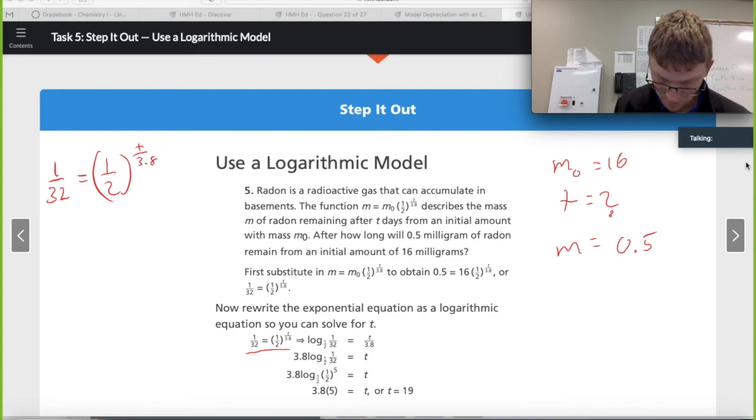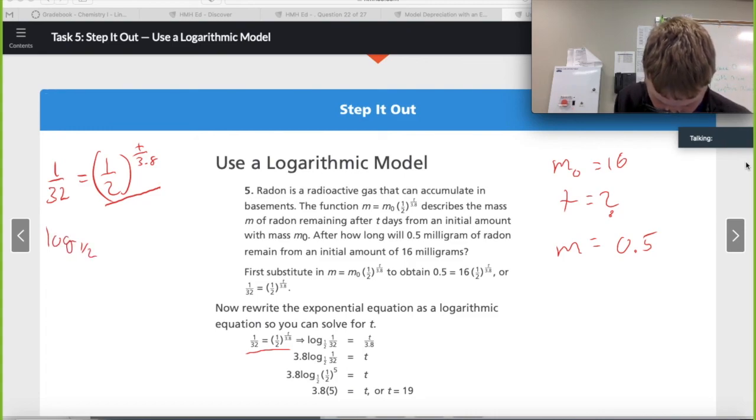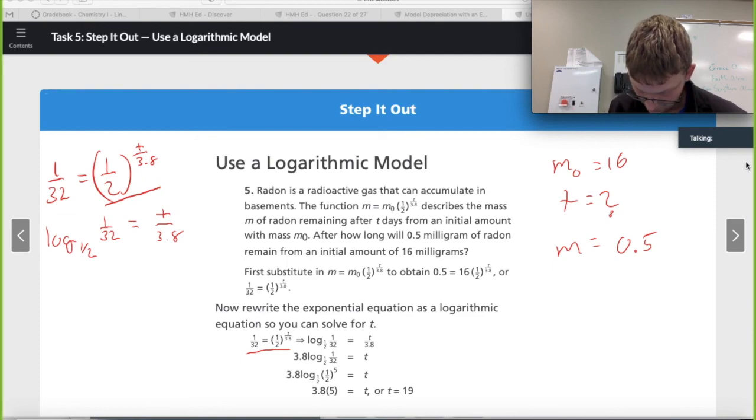Remember, we've got our log part right here. So that's going to be log base 1/2 of 1 over 32 equals t over 3.8. That's what they got right there.